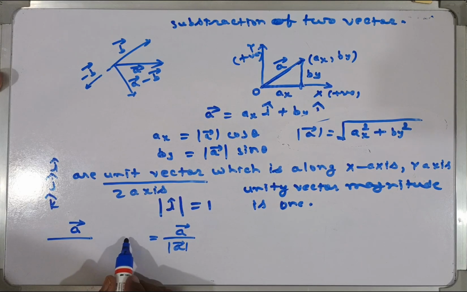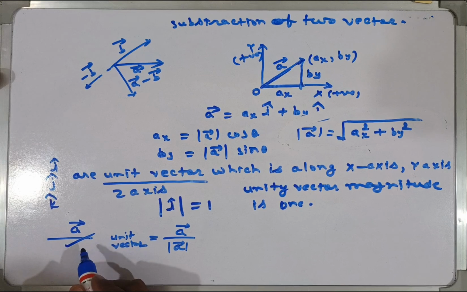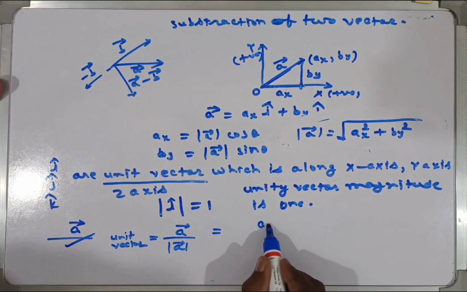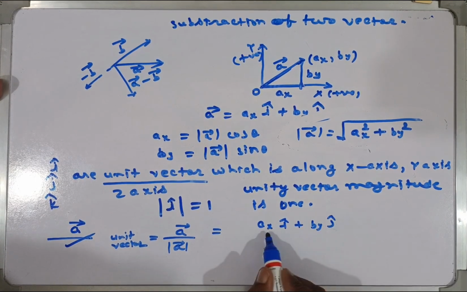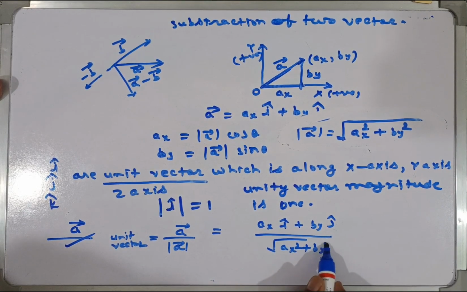So this one is the unit vector of vector a. Okay, or you can also write it as ax i plus by j divided by the square root of ax square plus by square.